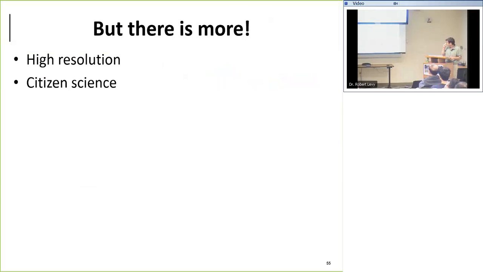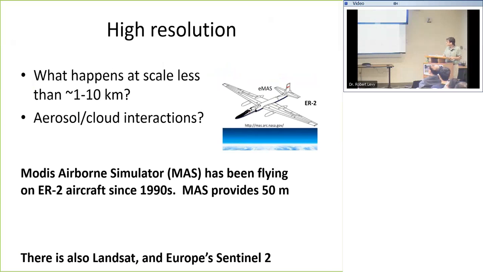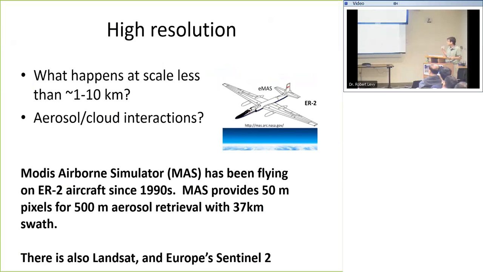So I'm almost done. A couple more things we've been playing with are what happens at the really high resolution. So we have some airborne campaigns with essentially the same instrument as MODIS, called the Enhanced MODIS Airborne Simulator. Instead of the 500-meter pixels that MODIS supplies, it provides 50-meter pixels.